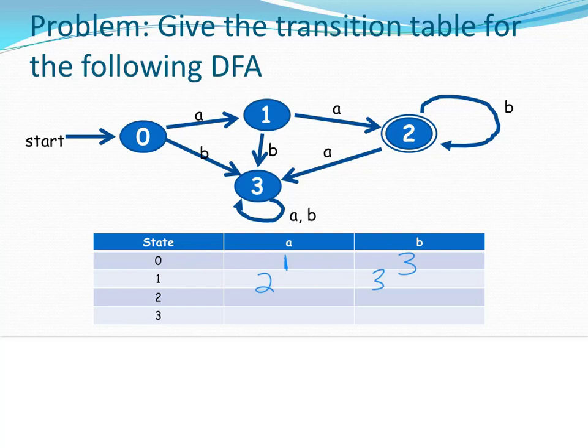So 2 and an A is 3. If I'm at 2 and I see a B, I stay at 2. If I'm at 3 and I see an A, I stay at 3. If I'm at 3 and I see a B, I stay at 3. So these are going to be a 3 and a 3.